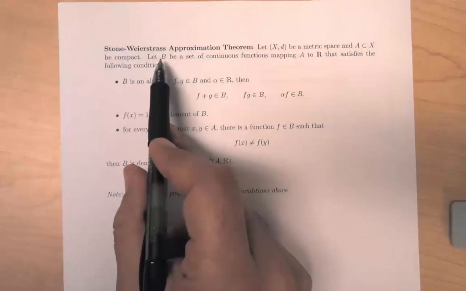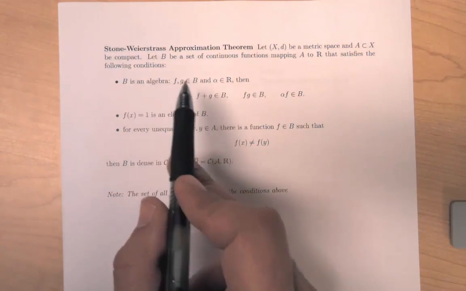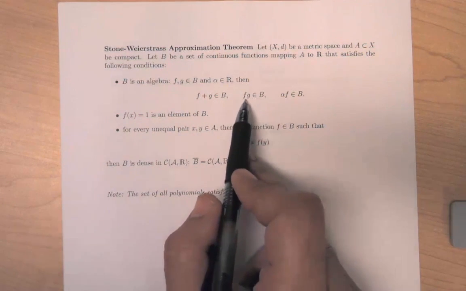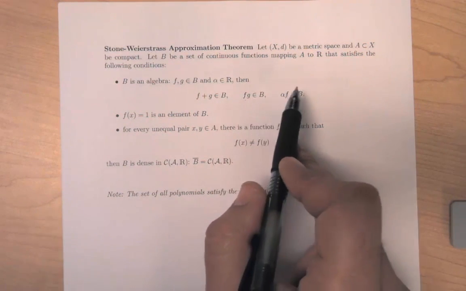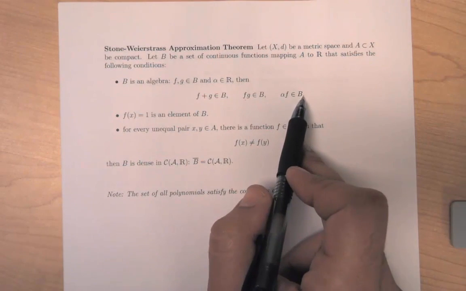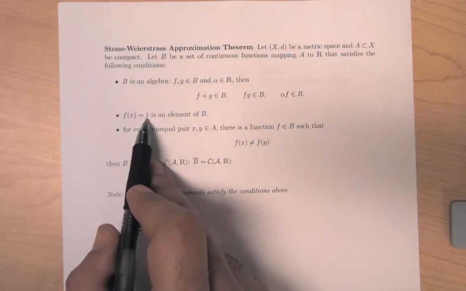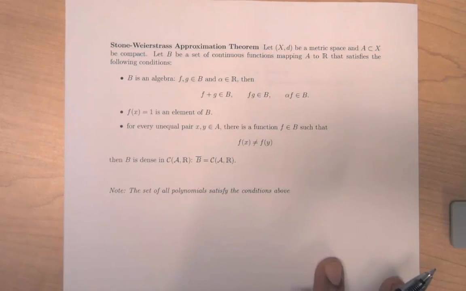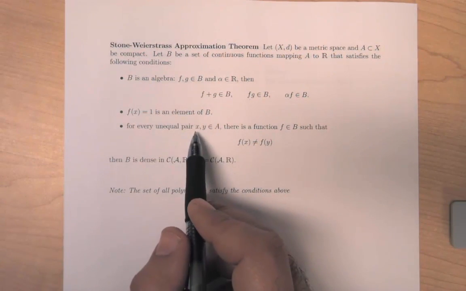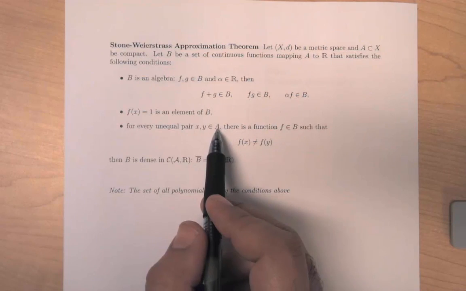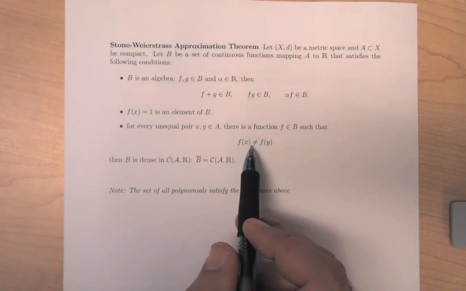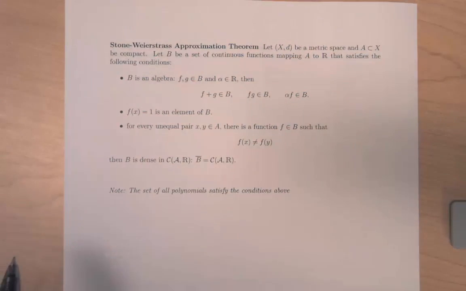Well, then if this set of continuous functions B is an algebra, in other words, sums of elements remain in B, products of elements remain in B, scalings of elements remain in B, f equals 1 is an element of B, and for every unequal pair in the domain A, there's a function f for which f(x) is not equal to f(y).